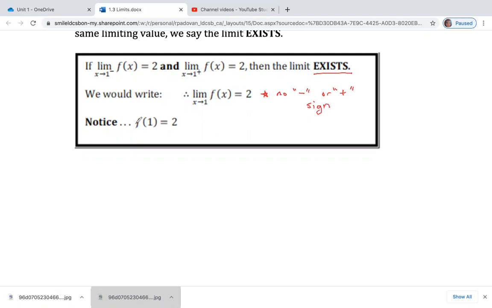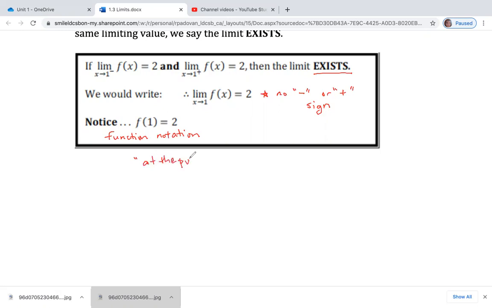Now that is different. This is saying limit. This says what is the value of f at 1. So this is function notation. We're saying at the point of 1, looking at the f of x function, what is the value?